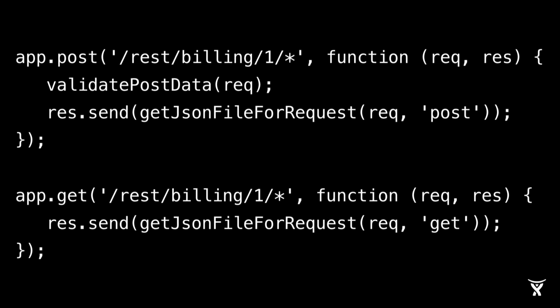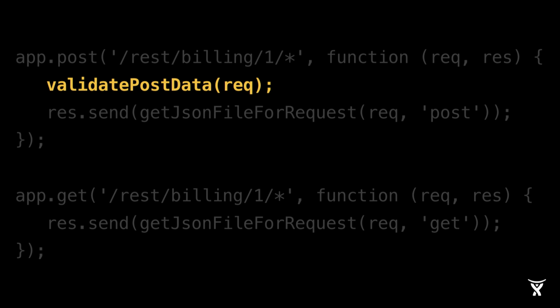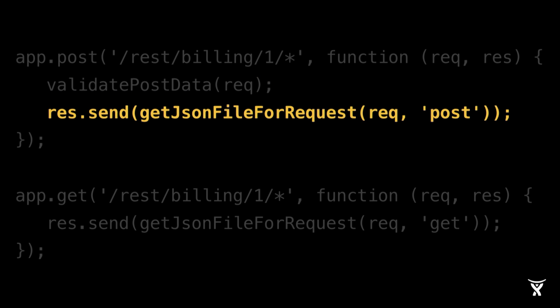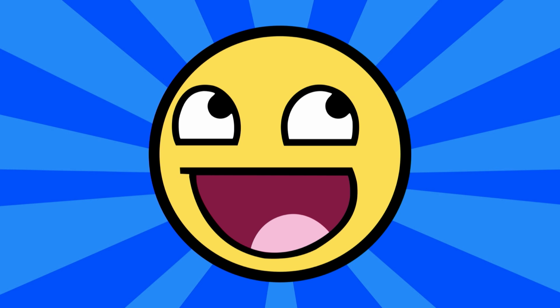And in the post, we had added an extra step of validating the post data. And only if this passed, would we resend out the JSON response and therefore give you the response that you expected. So everything was actually awesome now. We were actually able to develop easily, quickly, in a stable environment, and we were sending the correct post data.